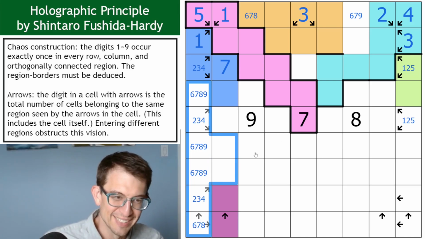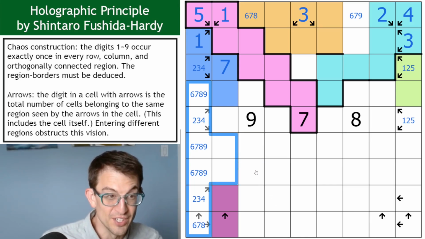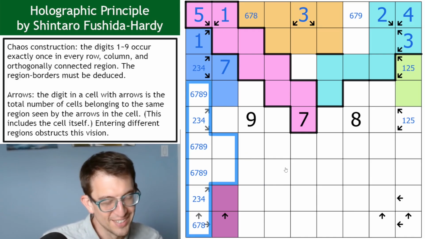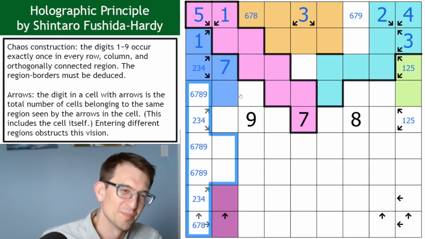Which seems ridiculous, but it's not impossible yet. And whichever one it took would be the digit 1, because it needs a 1 and it wouldn't be there. Yeah, I don't know. Okay.